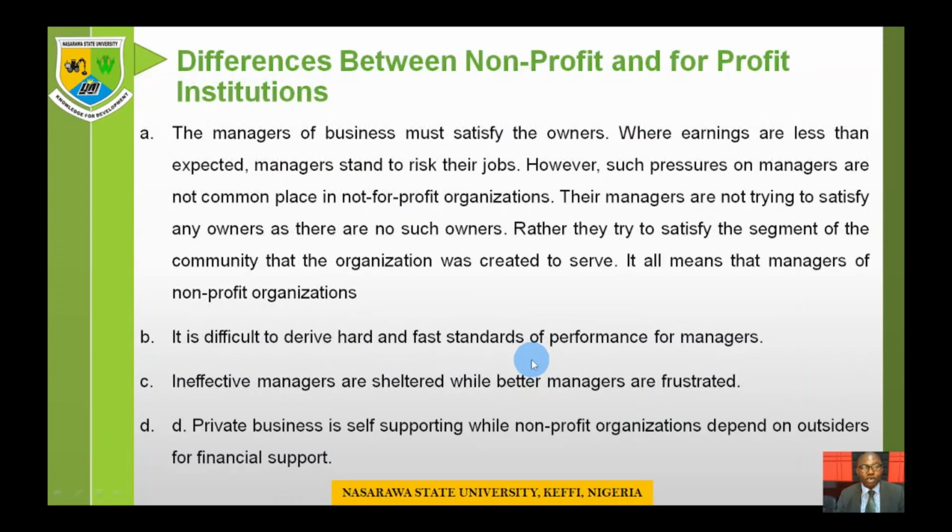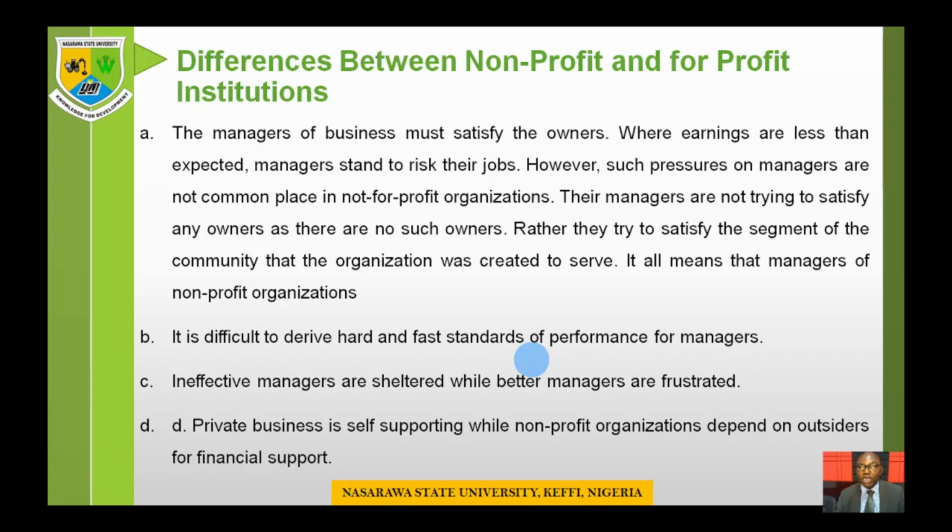So we are quickly going to look at differences between non-profit and for-profit institutions. A. The managers of business must satisfy the owners. Where earnings are less than expected, managers stand the risk of losing their jobs.